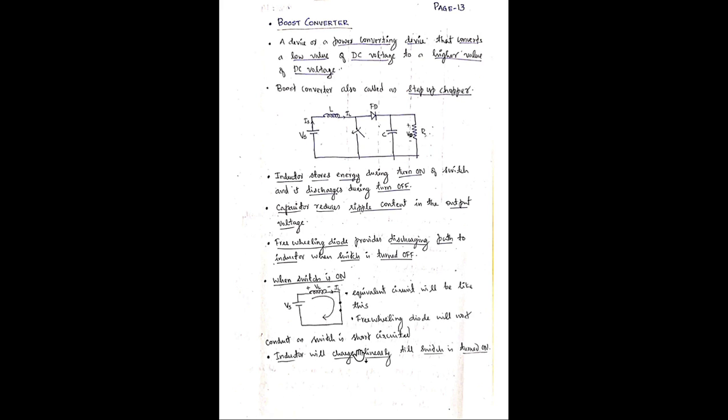The freewheeling diode will not conduct, so as the switch is short circuited, the inductor will charge linearly till the switch is turned on. So the equivalent circuit will be like this during turn on.